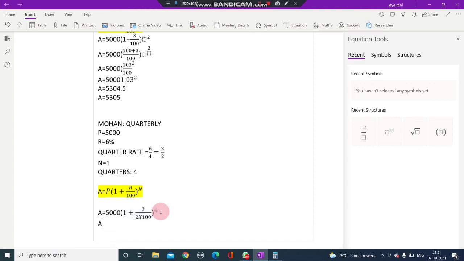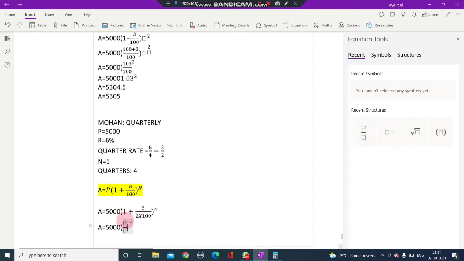A is equal to 5000 into 1 plus 3 by 2 into 100, which is 200. By cross multiplication, 1 into 200 is 200, plus 3 by 200, raised to 4.